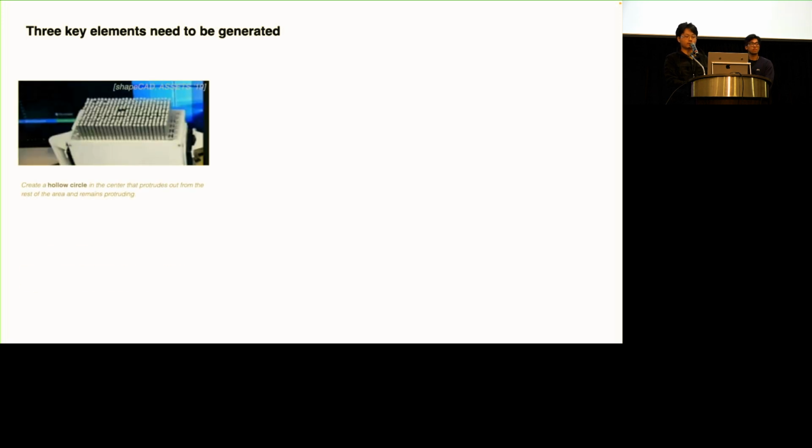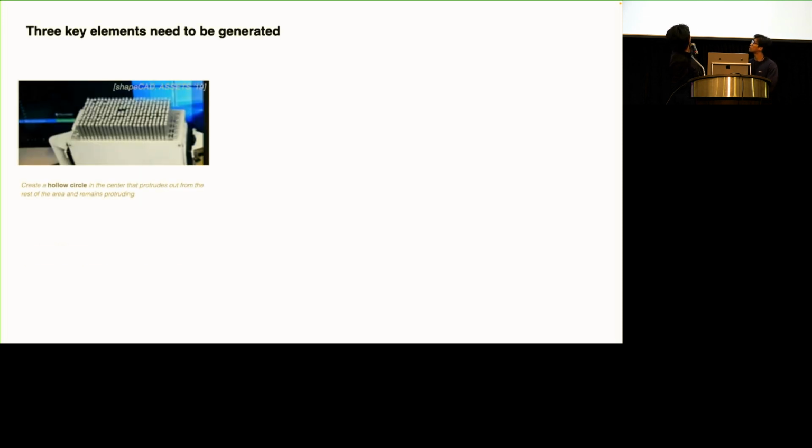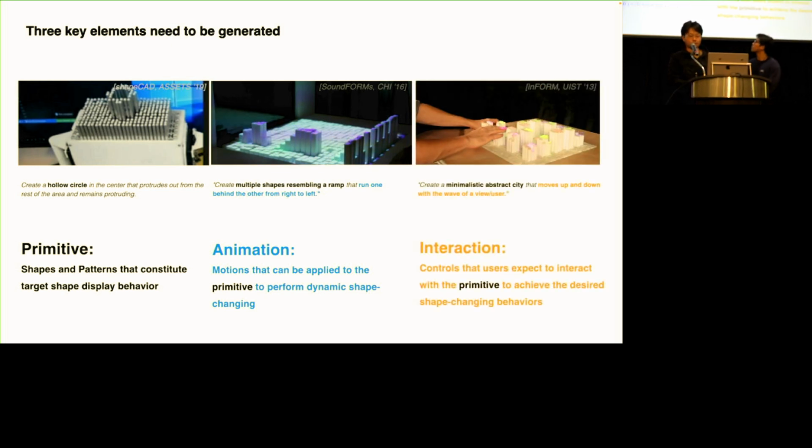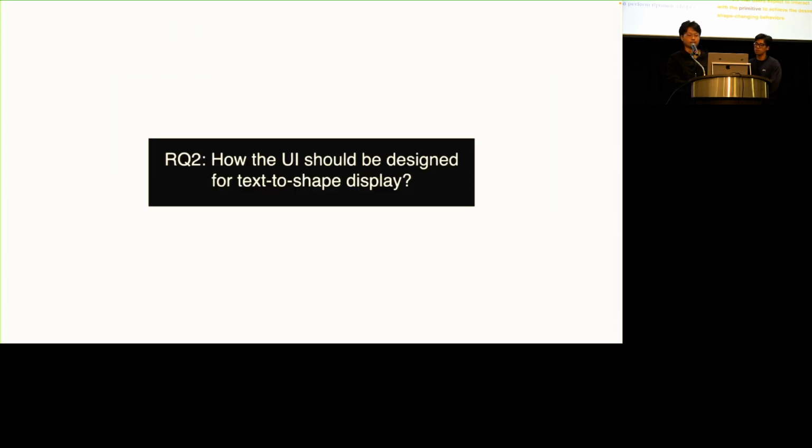With more than 300 user-generated prompts, we found three necessary elements. They are primitive, the base shape or pattern on the shape display; animation, which can be applied to the base primitive; and interaction, the controls that the user wants to use to interact with the primitive to achieve the shape-changing behaviors.